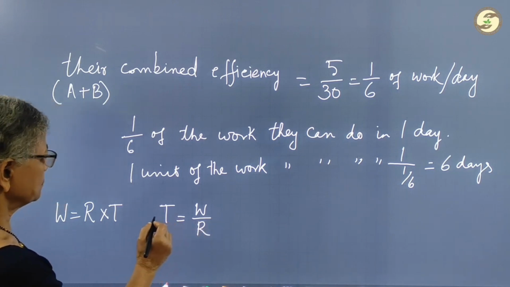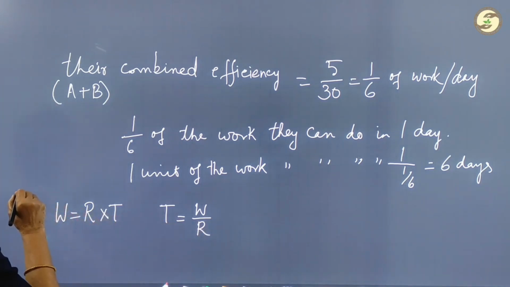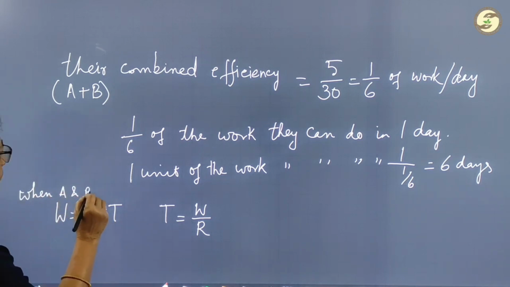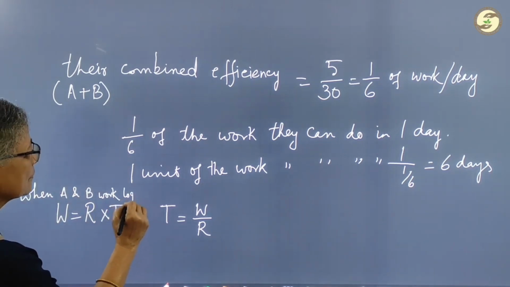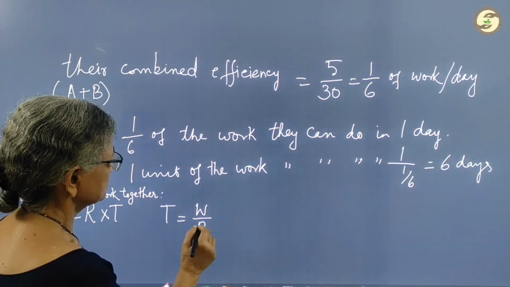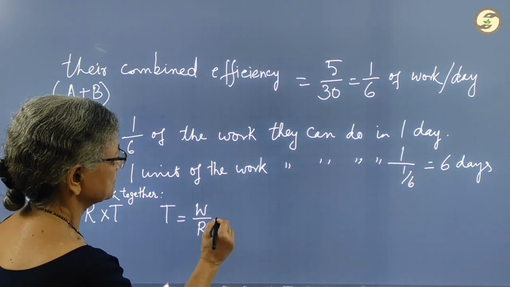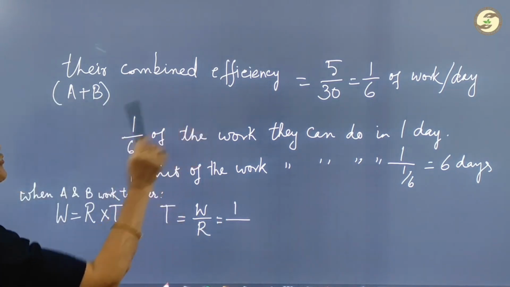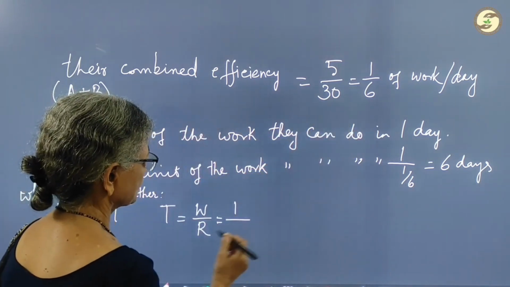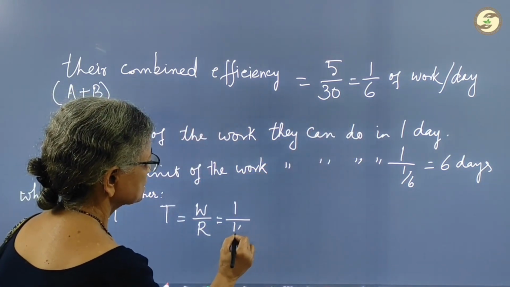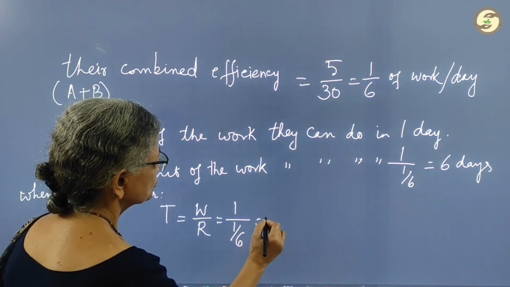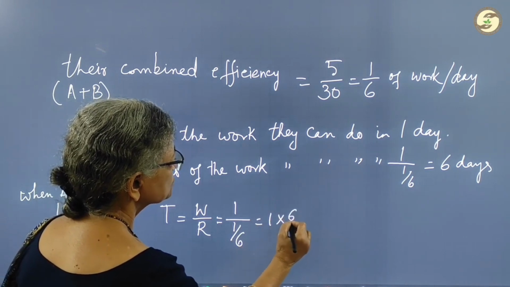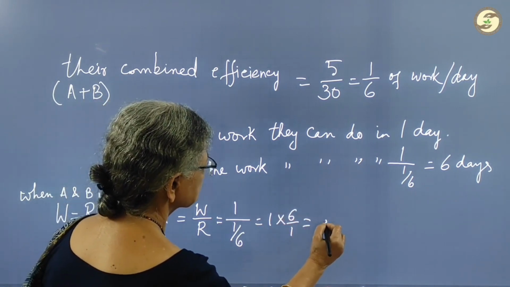So here, when A and B work together, R is their combined efficiency. So W is 1 unit. What is the combined efficiency of A and B? 1/6 of the work. So 1 divided by 1/6 is equal to 1 into 6/1. That means 6 days.